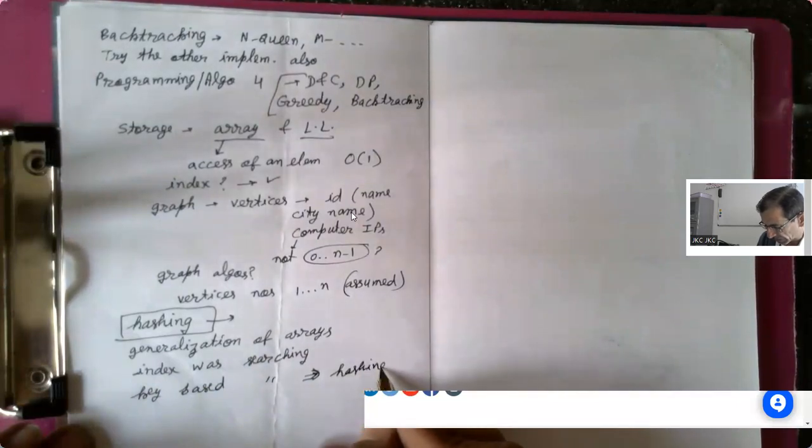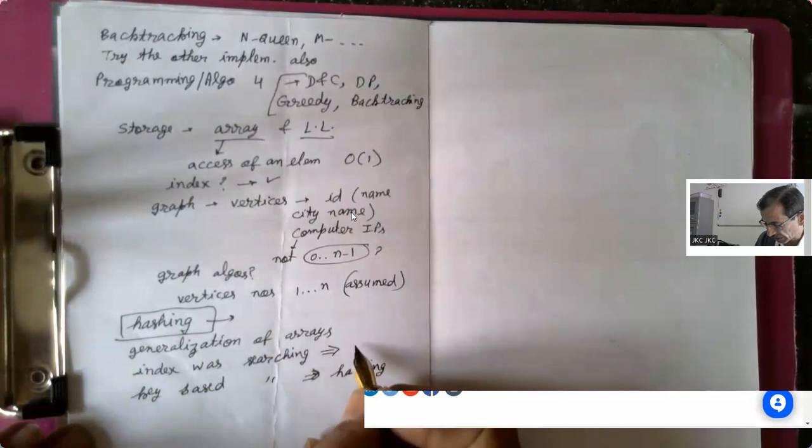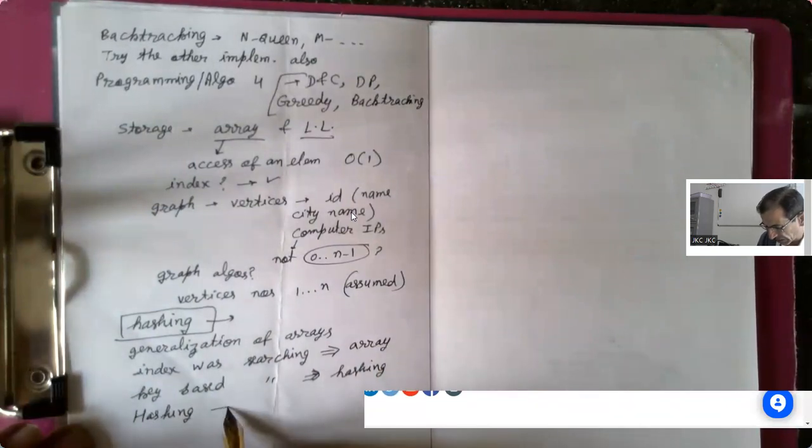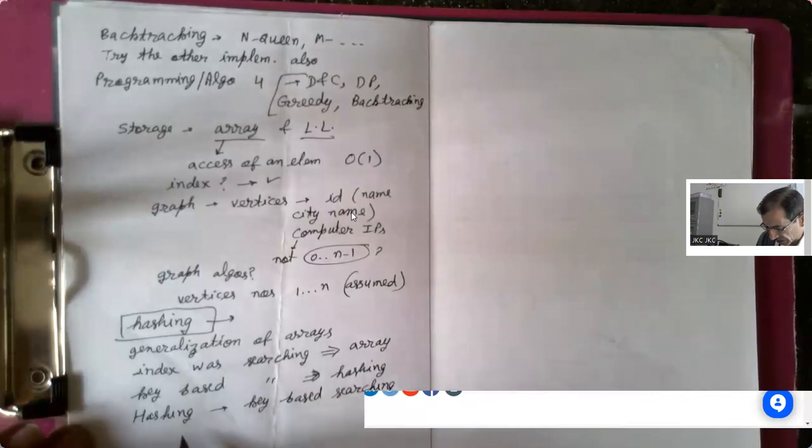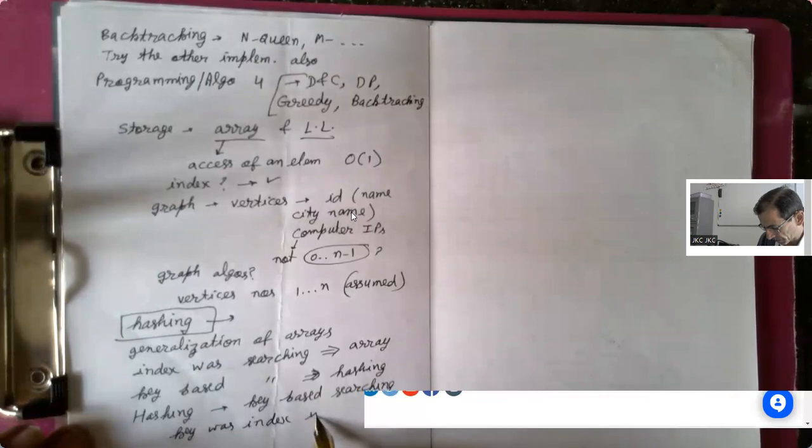So if I was directly using indexes, then it was an array. In general, in hashing, I will have a key value on the basis of which the searching is done, and still I want the array to be used. How will that happen? Effectively the key was the index in arrays, and that worked easily.